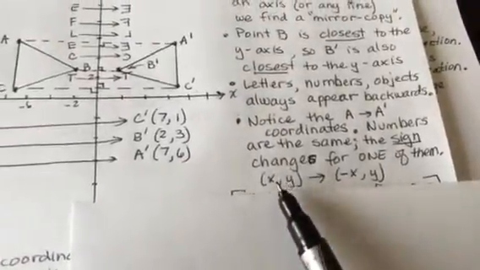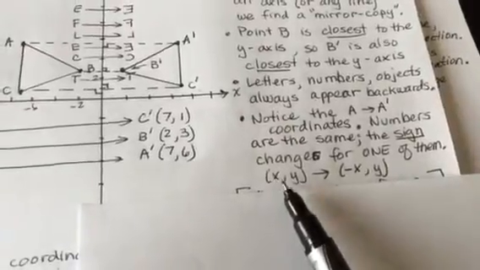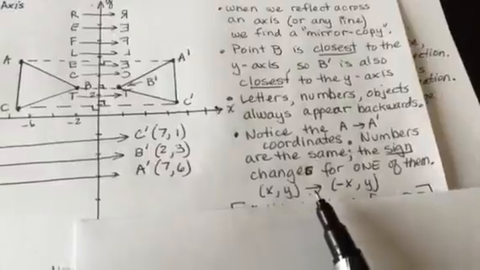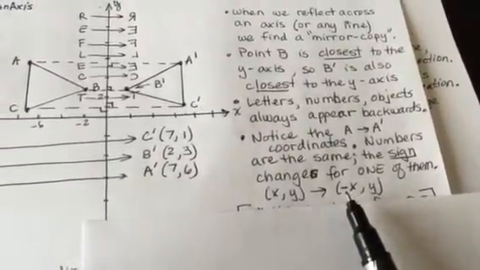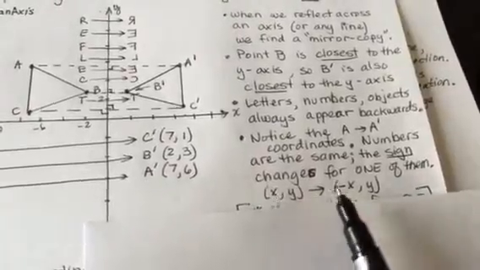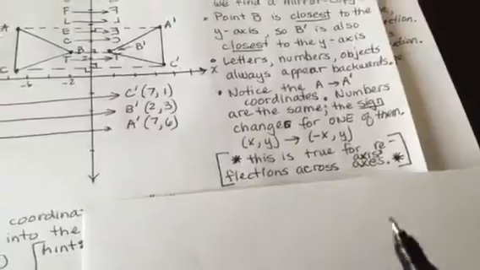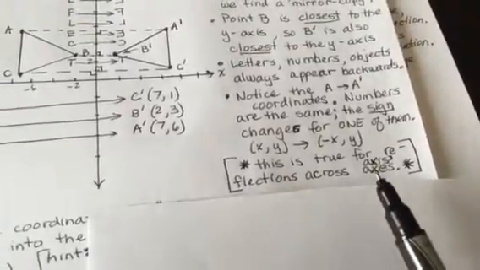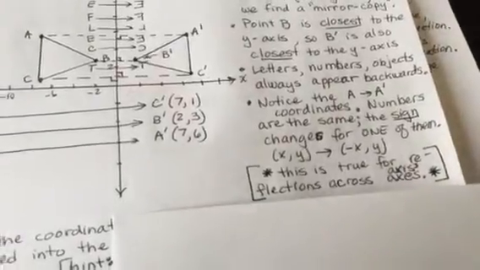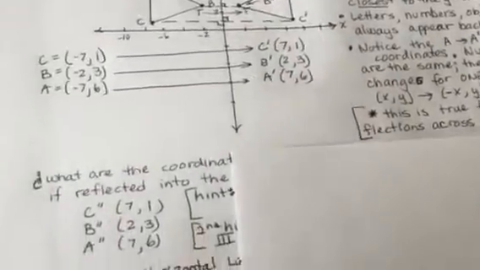So initially, if we said that our pre-image point was (x, y), and we're reflecting across the y-axis, it becomes (-x, y). If that x was -2, then it becomes +2. This is true for reflections across all axes, but whether or not the x changes or the y changes depends upon which axis.